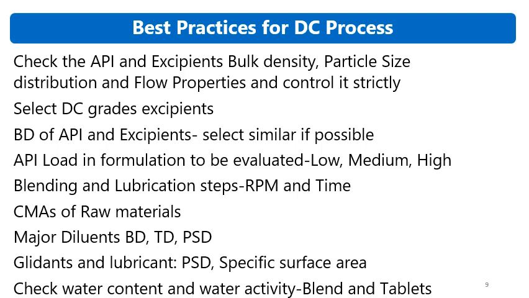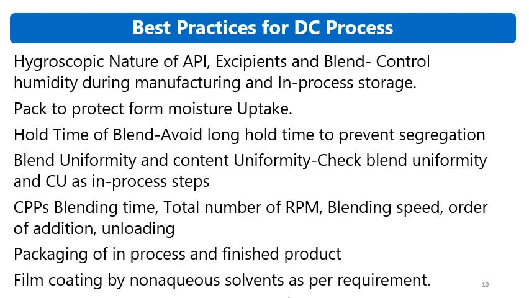Then check the water content and water activity of blend and tablets. This will help you understand whether the composition is hygroscopic or not. Sometimes the API is not hygroscopic, but the excipients may absorb moisture. So that is required to be understood and studied in a detailed way.